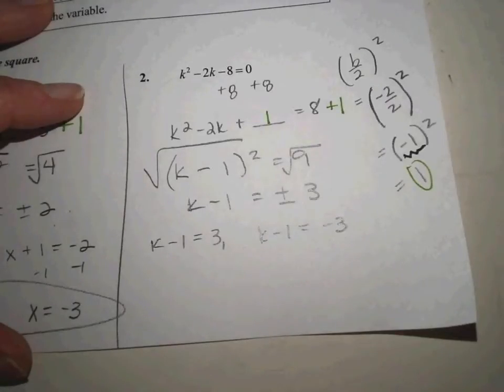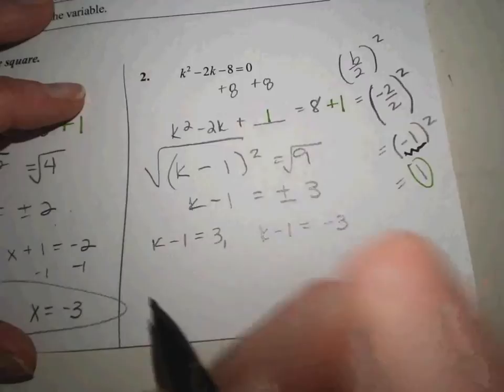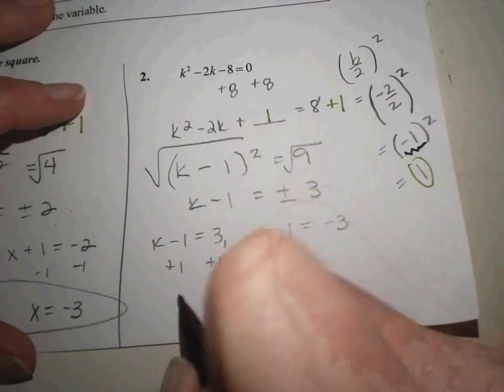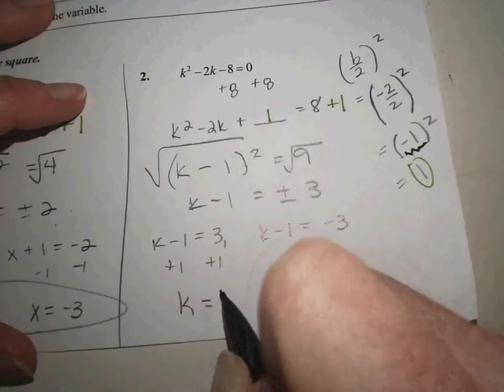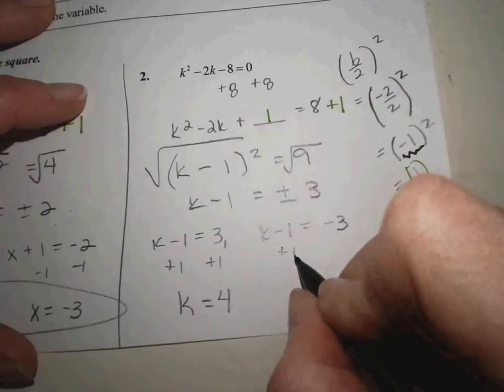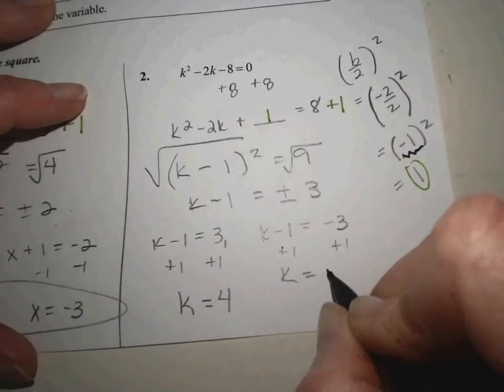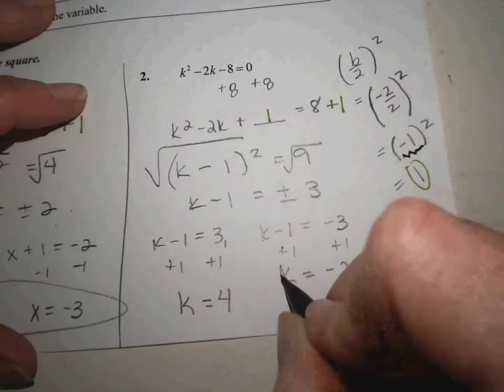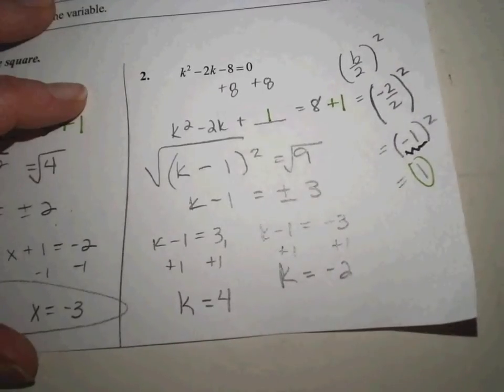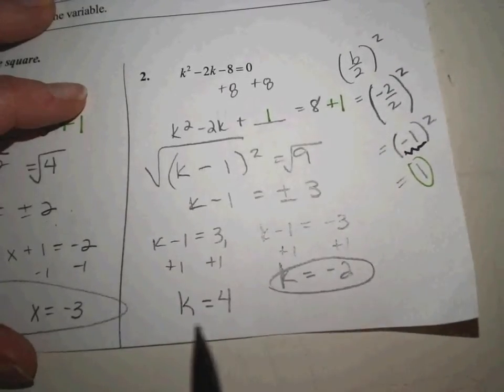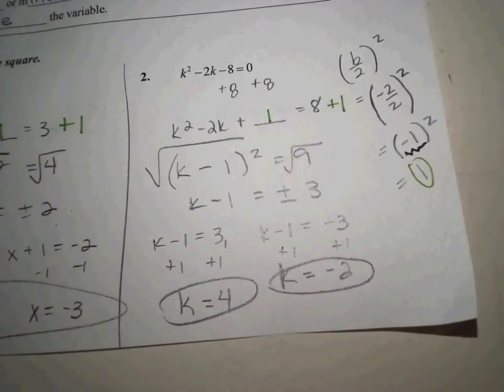Add 1 to both sides. K equals 4. K equals negative 2. So are those the actual answers? Those are the final answers. Those are the spots where this quadratic function would hit the x-axis.